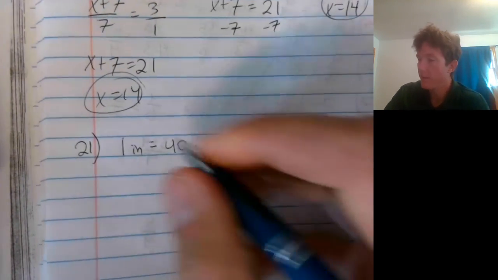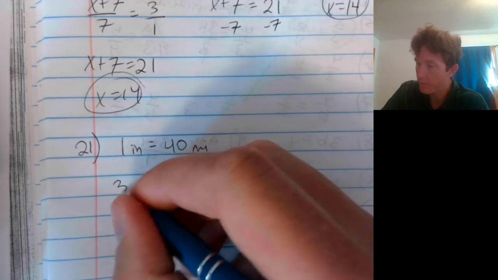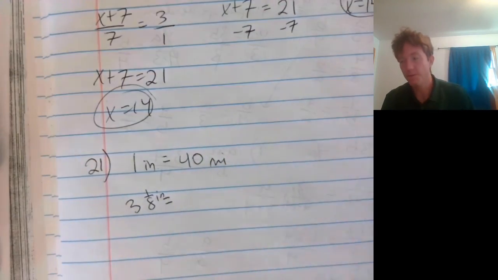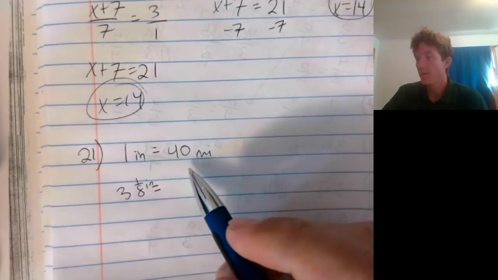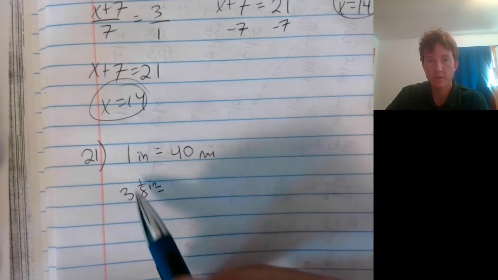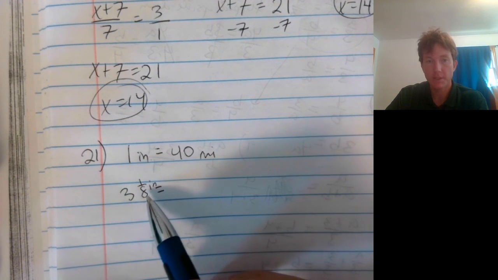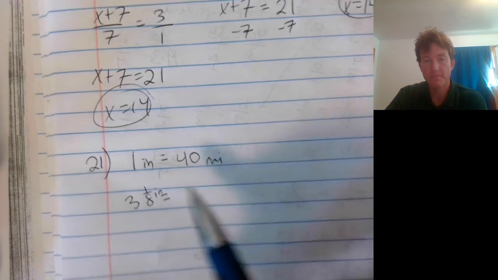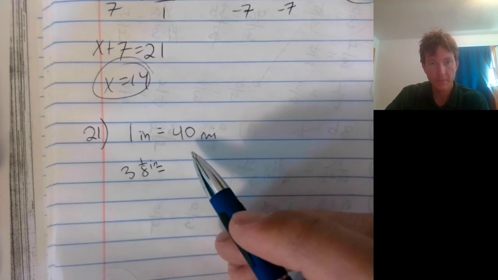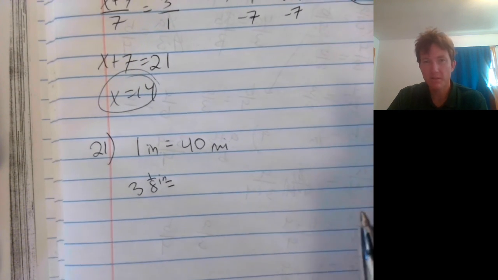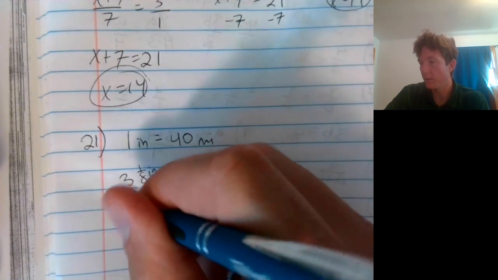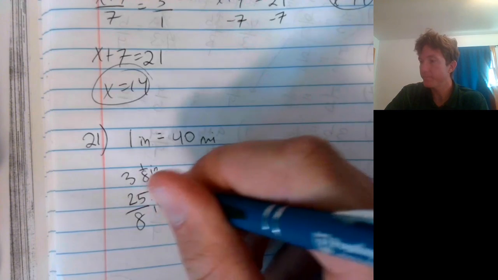Okay, if something is 3 1/8 inch apart, what do you think I have to do to the 40? So I took this 1, I multiplied it by 3 1/8 inch to get 3 1/8 inch. So I'm going to need to multiply the 40 by 3 1/8 inch. I'm going to turn it into an improper fraction first, because I like improper fractions.